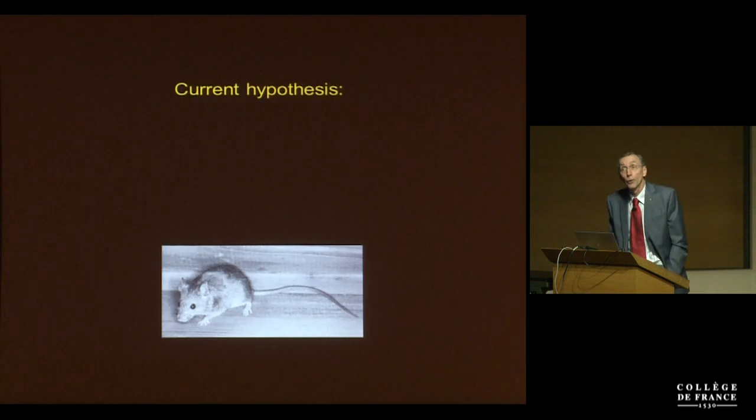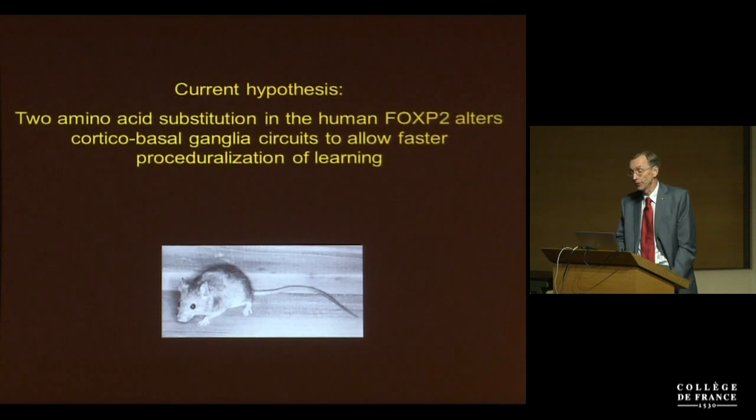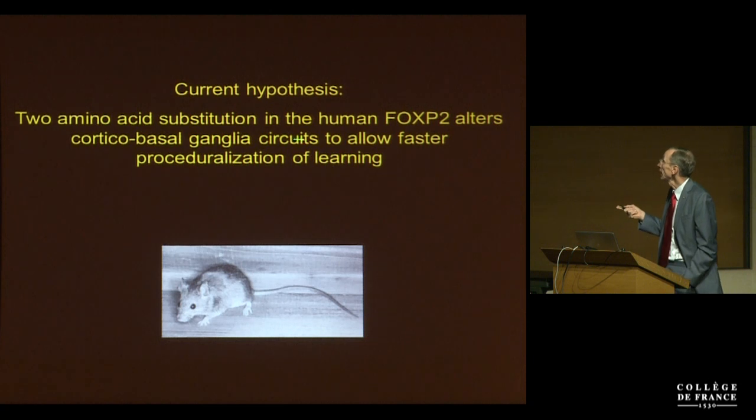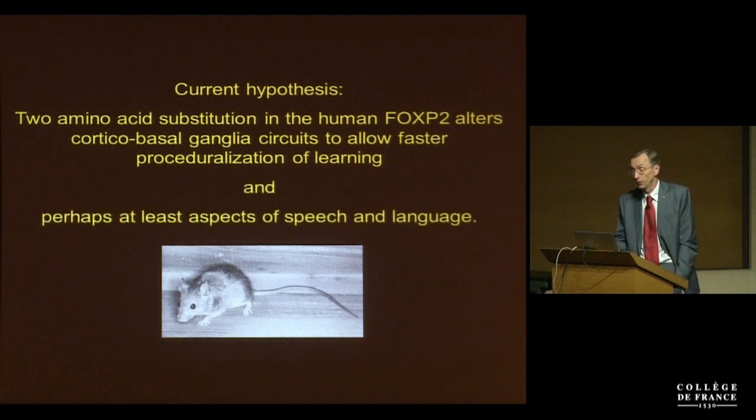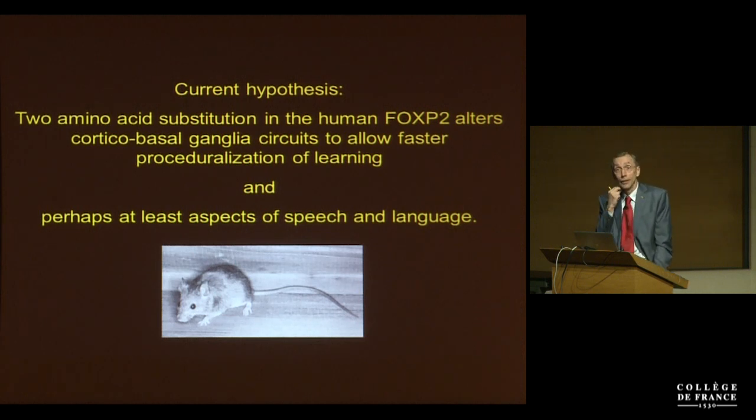So the current hypothesis about these changes is that they somehow change circuits in the brain that make for faster automation of motor learning, and that this may have something to do with an aspect of speech in particular, because it's very tempting to speculate that one of the most sophisticated motor coordination, motor learning we learn is when we learn to coordinate our vocal cords, our lips, our tongues to produce articulation.